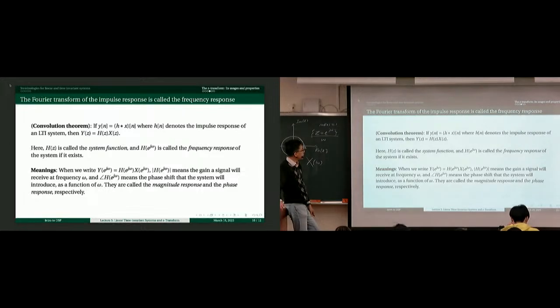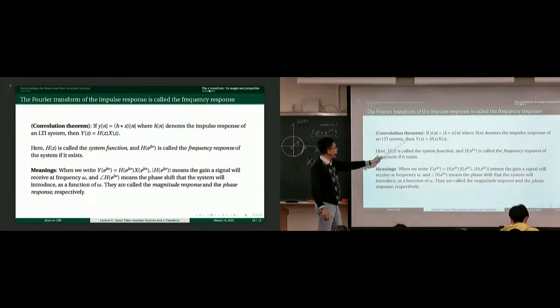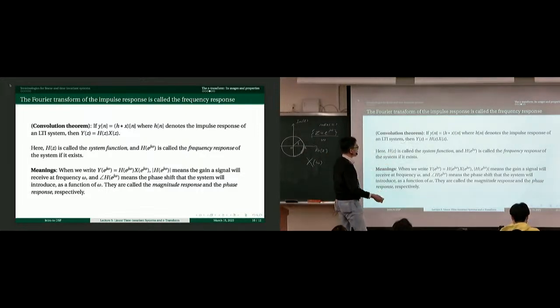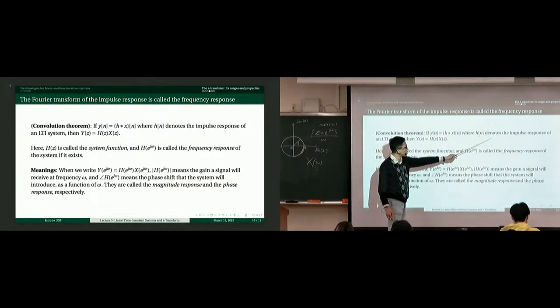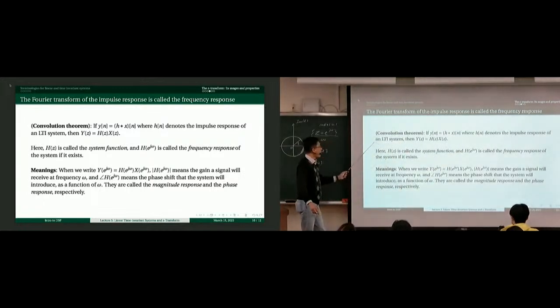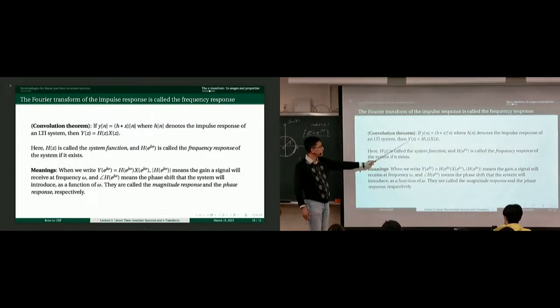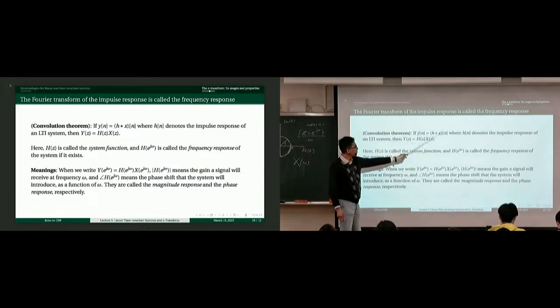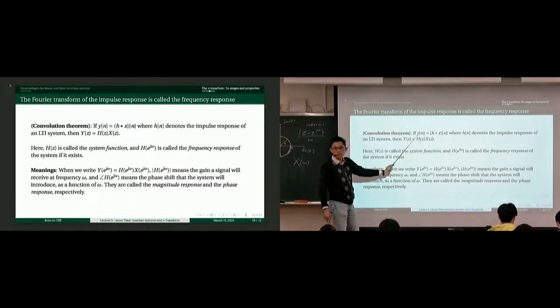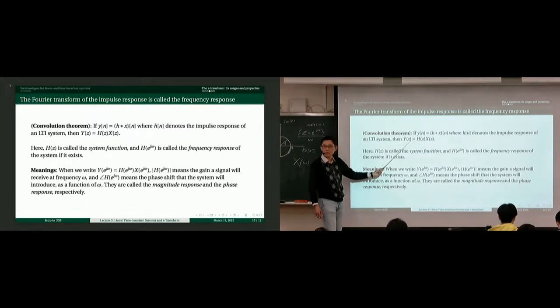Again, for an LTI system, we know there's a system H which denotes the impulse response of the LTI system. And the convolution theorem also holds in the Z transform domain. When we have two signals convolving in the time domain, in the Z domain the transforms multiply. Small h convolved with small x, big H multiplied with big X produces the Z transform of the output.